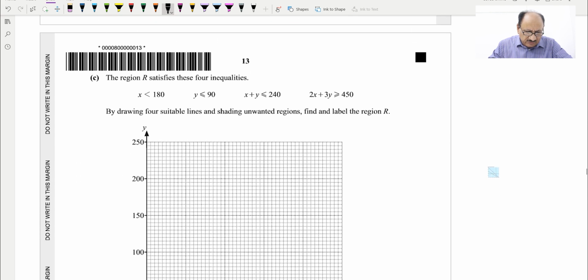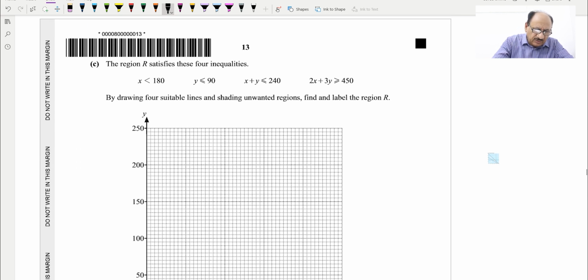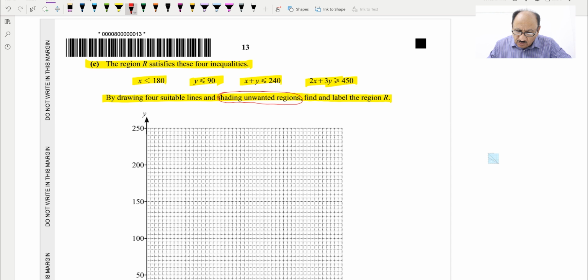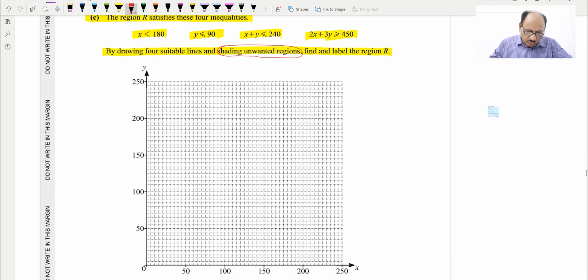Now for the next part C, they are saying the region R satisfies these 4 inequalities. By drawing 4 suitable lines and shading the unwanted region, you need to find and label the region R. This is what you need to keep in mind. So what we will do first is x is less than 180.